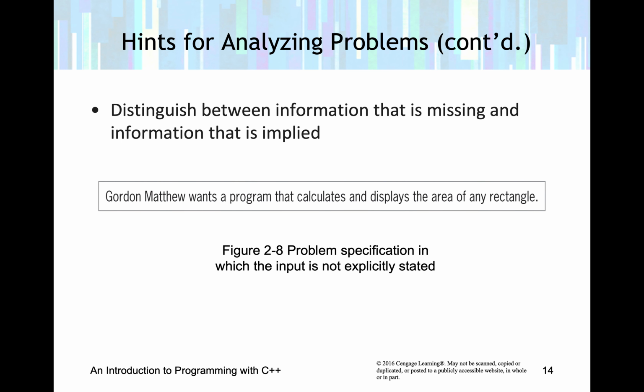Okay, so the algorithm, like I said earlier, is just a set of step-by-step instructions to solve a problem. We're going to record the algorithm in the processing column of the IPO chart.